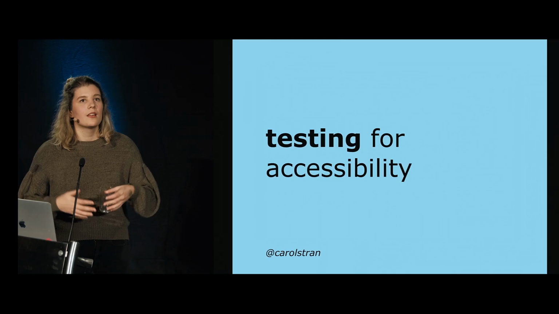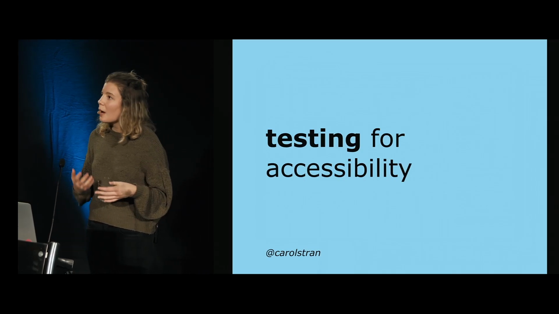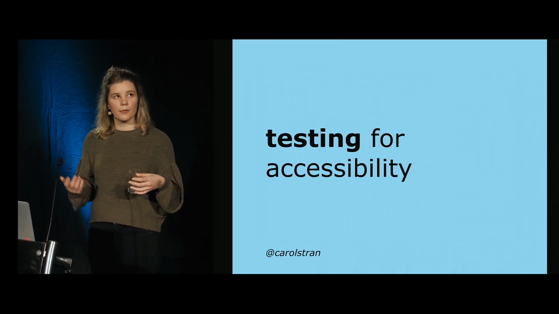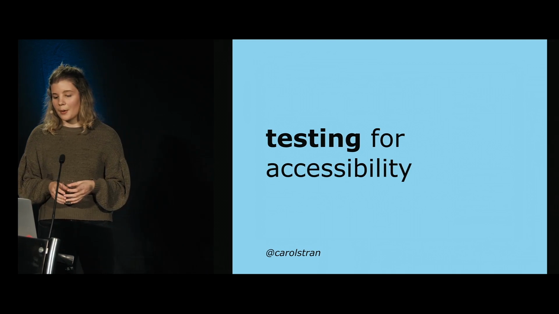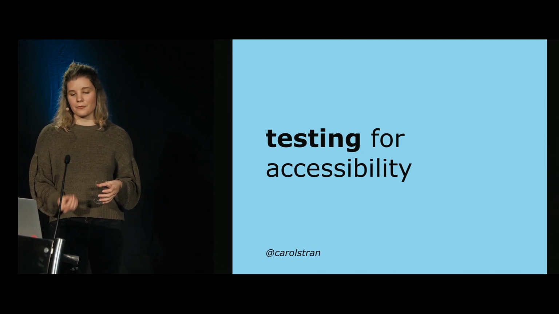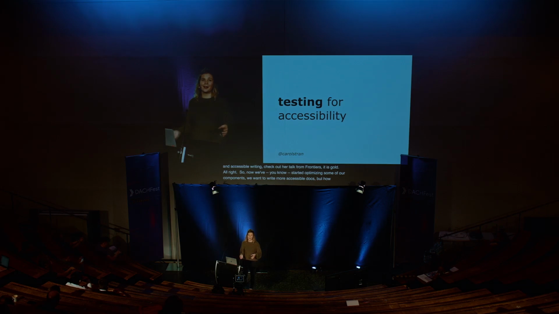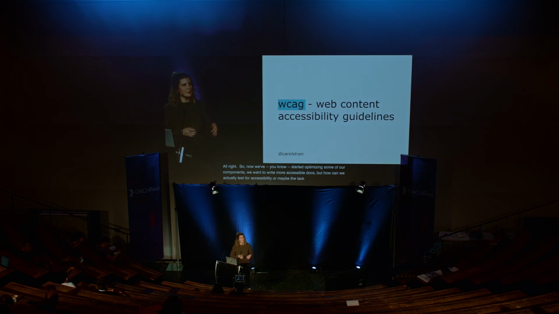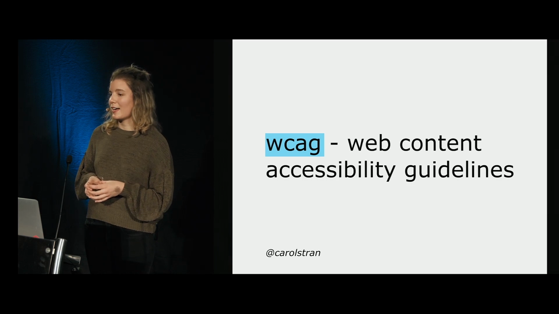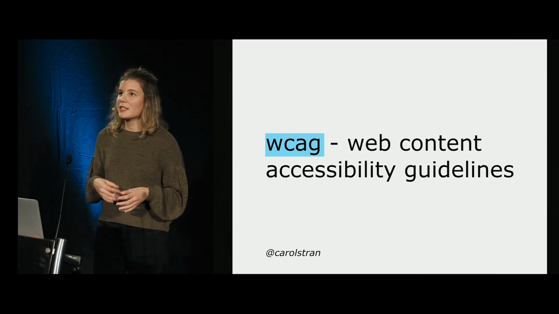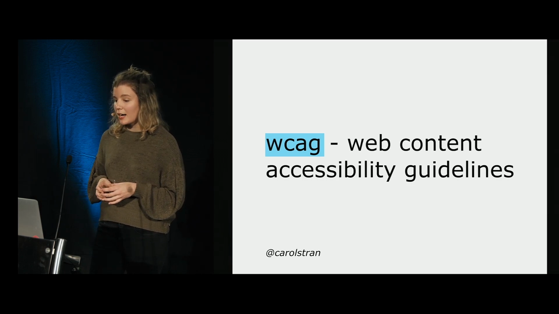All right. So now we've started optimizing some of our components. We want to write more accessible docs. But how can we actually test for accessibility, or maybe the lack thereof, in our websites? Once you get started in this kind of a11y community, you'll hear the term WCAG often. And this stands for the Web Content Accessibility Guidelines.